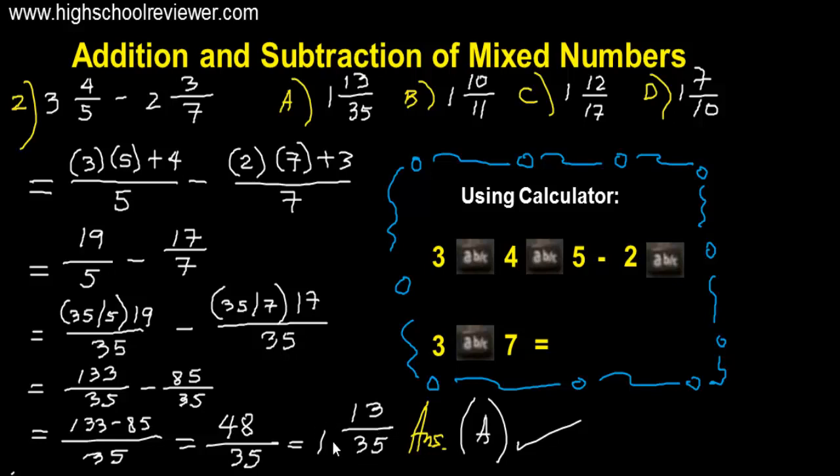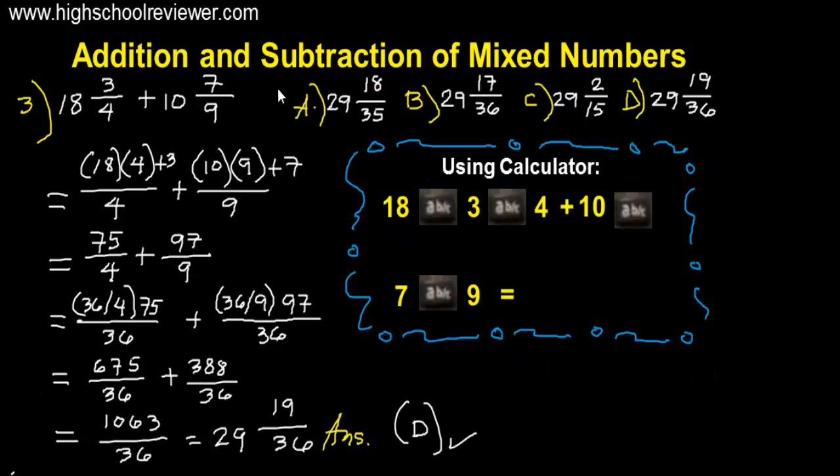So we have here 1 and 13/35, and that is letter A. And here is our shortcut using the calculator: 3, fraction key 4, fraction key 5 minus 2, fraction key 3, fraction key 7, and the equal sign.